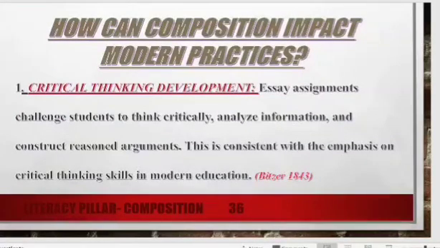How can composition impact modern practice? Critical thinking development: essay assignments challenge students to think critically, analyze information, and construct reasoned arguments. This is consistent with the emphasis on critical thinking skills in modern education.